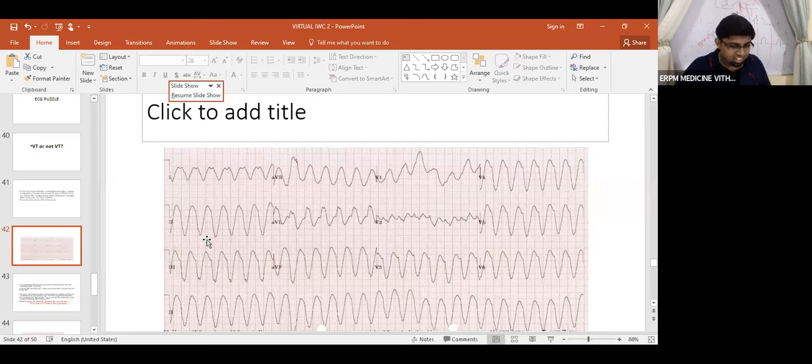VT or not VT? What's the diagnosis? Whoever got a very good mark in medicine, tell me. What is the diagnosis? VT. Okay, we'll see.